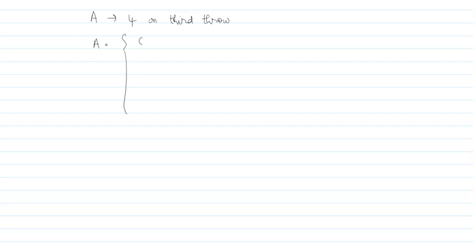When you have a 1 on the first throw, you can have a 1 on the second throw, 4 on the third throw. When you have a 1 on the first, 2 on the second, again 4 on the third. Similarly, you can go 1 on the first, 6 and 4. So 6 different possibilities. Now when you have a 2 on the first, 1 on the second, 4 on the third, you can go like this up to 2, 6, 4.